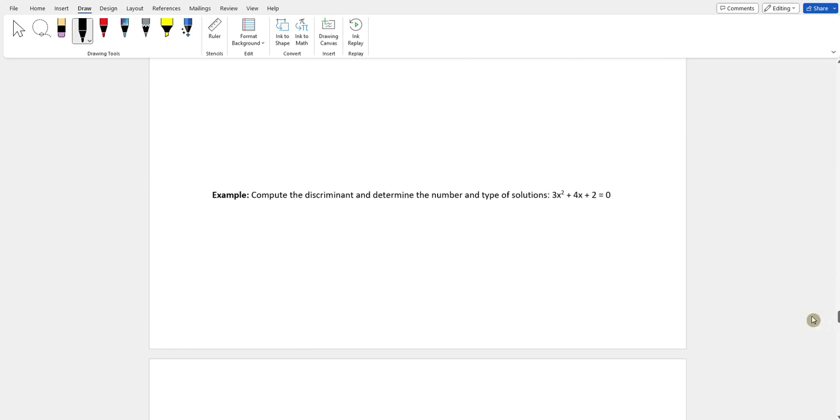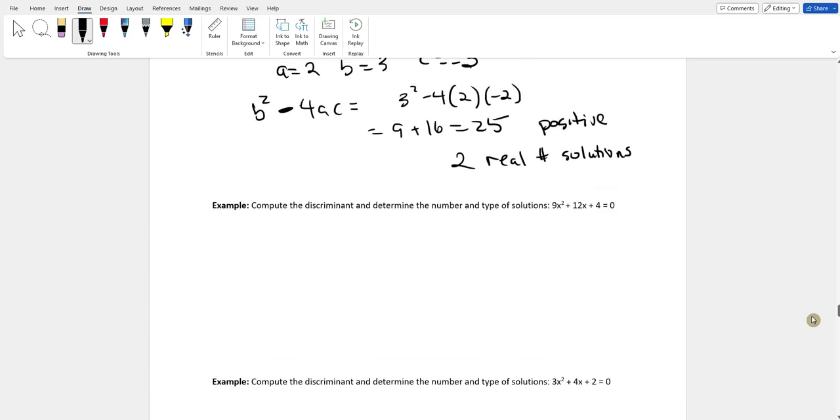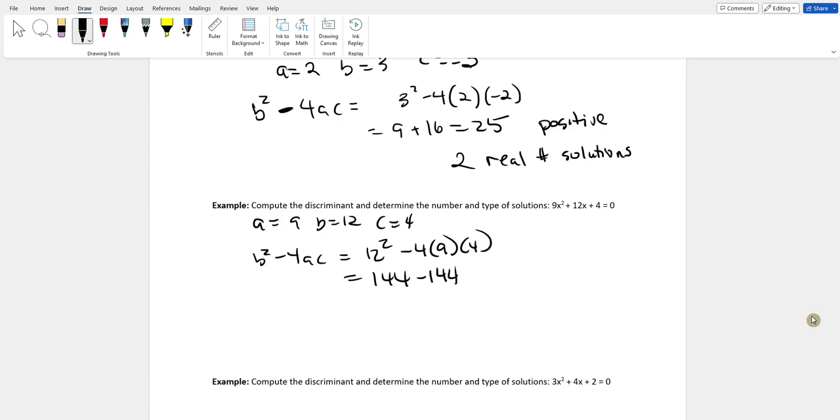Let's look at this next problem. We have 3x squared plus 4x plus, oh no, I think I skipped the problem. Here we go. 9x squared plus 12x plus 4. So a is 9, b is 12, c is 4. We're going to plug everything back into the discriminant. We get 12 squared minus 4 times 9 times 4. We get 144 minus 144, which is 0.